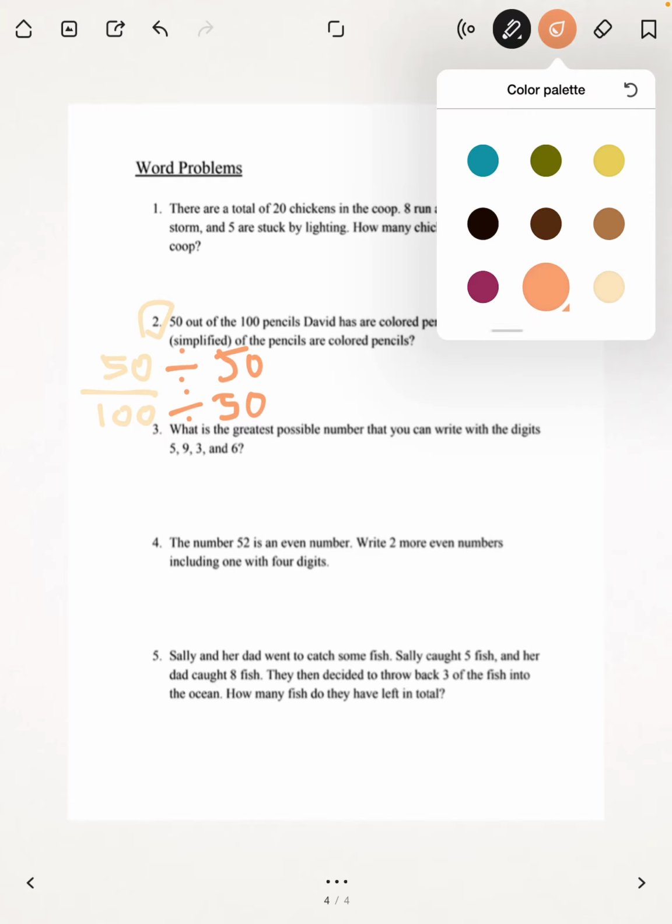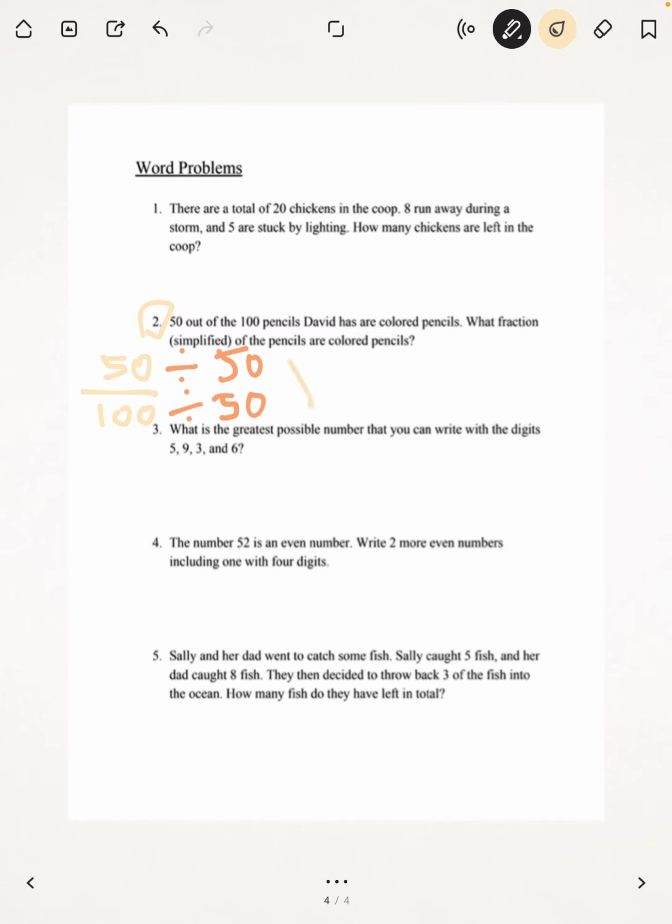And the result we get is going to be 1 over 2, because 50 divided by 50 is 1, and 100 divided by 50 is 2. So our answer is going to be 1/2 of the pencils are colored pencils.